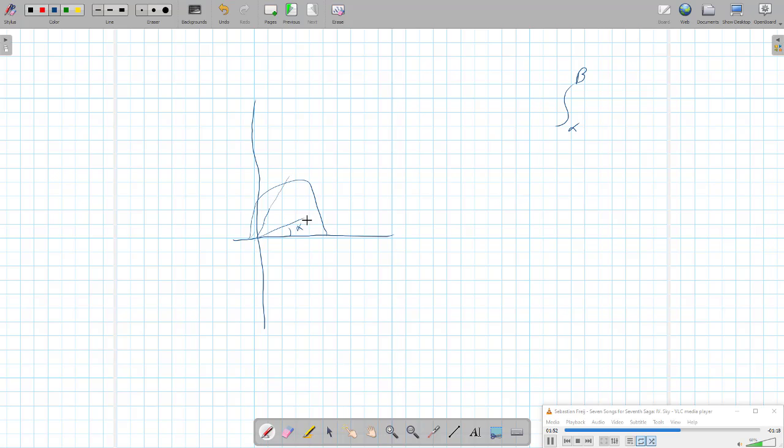What we'd be finding is the area of this fan-shaped region. Instead of using just the area of a rectangle, we use the area of a sector of a circle. The area of a sector of a circle is 1/2 r squared times the amount of angle that's cut off.